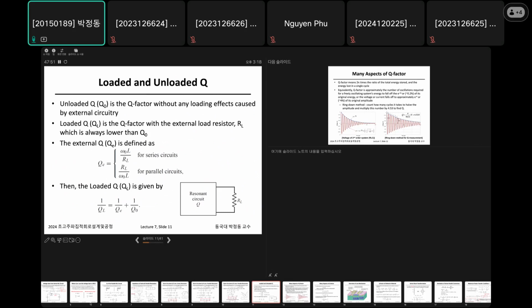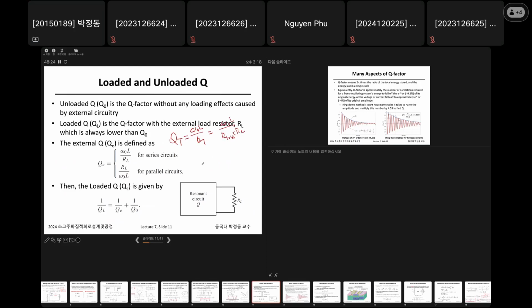The external Q is defined by omega 0 L divided by RL, where RL is a load resistor. This is an external resistor. Then this is a very straightforward line. Why? Because Q total is omega 0 L divided by R total. Here R total is R loss plus R load.